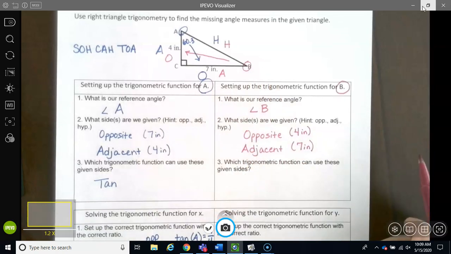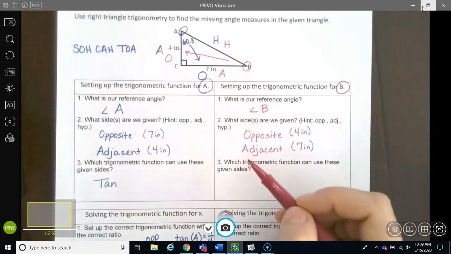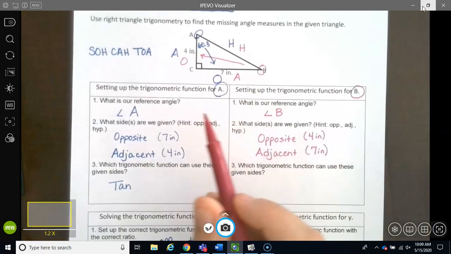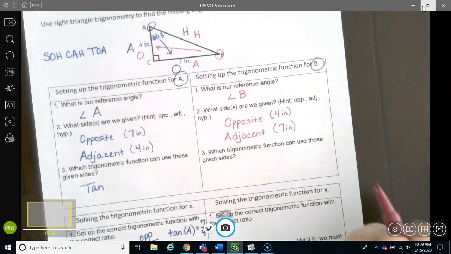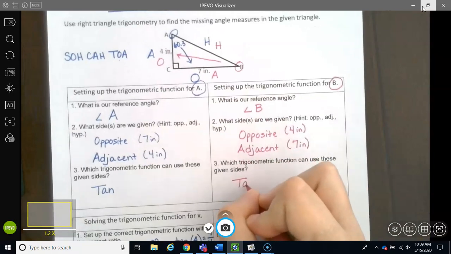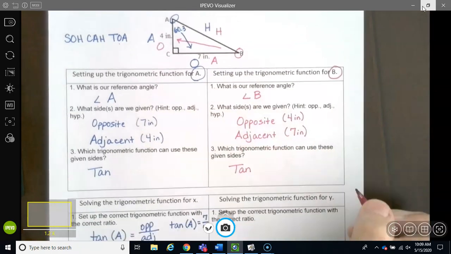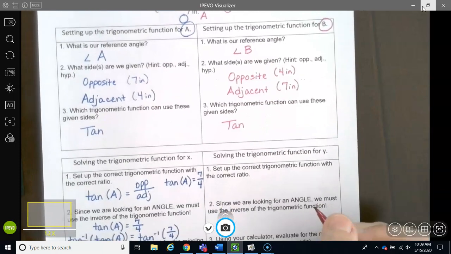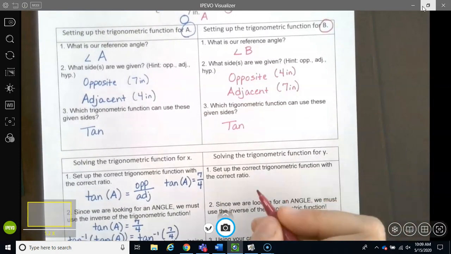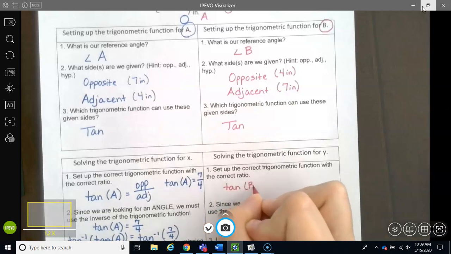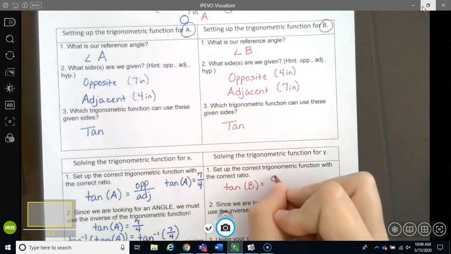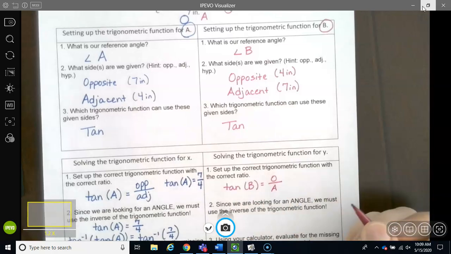So which trig function will we use? Well, opposite and adjacent, when you're looking at SOHCAHTOA, is still tangent, because tangent equals opposite over adjacent. So we're still using tangent to find our angle B. We set up our trig function. Tangent of B is equal to opposite over adjacent.